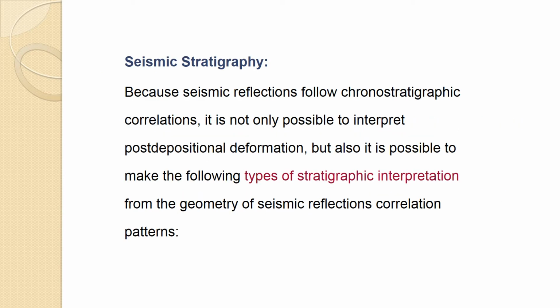Because seismic reflections follow chronostratigraphic correlation, it is not only possible to interpret the post-depositional deformation, but it is still possible to make the following types of stratigraphic interpretation from the geometry of seismic reflections correlation.